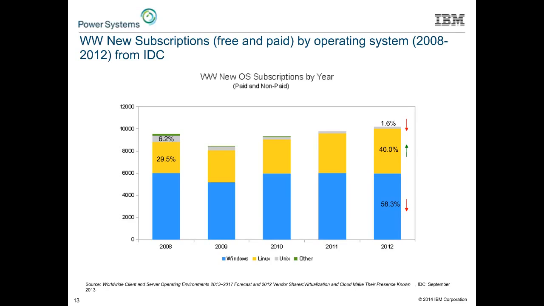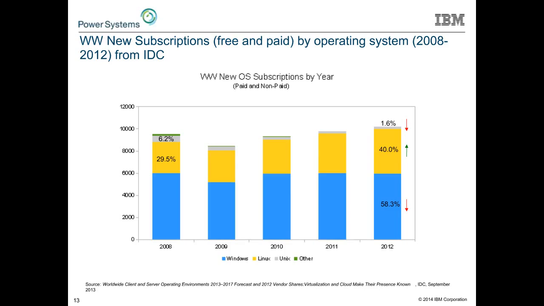Furthermore, if we look at percentages, and I realize that the percentages are missing in the 2008 column, the number is 63% for Windows in 2008, just under 30% for Linux, and just over 6% for Unix.